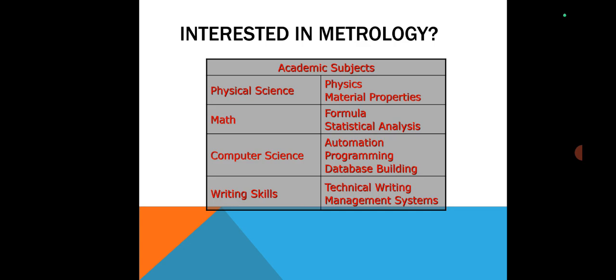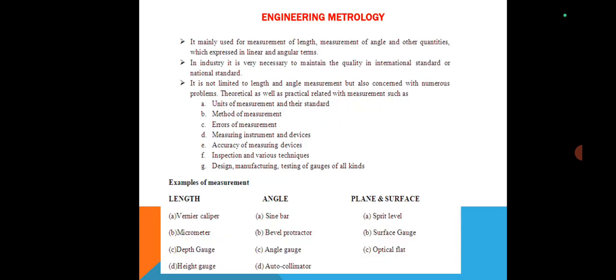On the mathematical side, we have to study formulas for statistical analysis, and in computer science engineering oriented topics, we have to study automation, programming and database building also. We have to improve writing skills, so we have to study academically oriented subjects, technical writing of management systems. Then what is engineering metrology?